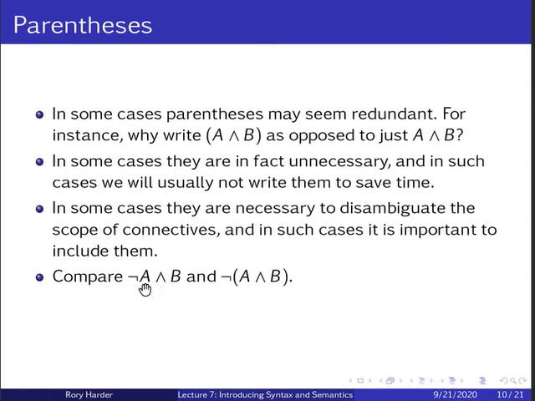Here we have on the one hand, not (A and B), and on the other hand, we have (not A) and B. So clearly these two sentences have a different meaning. This sentence is conjoining not A with B. And this sentence is negating the conjunction of A and B.